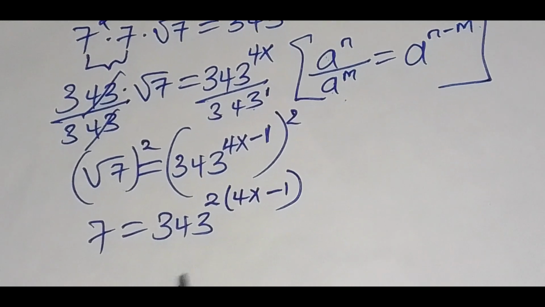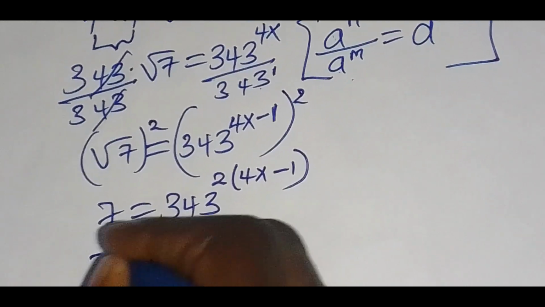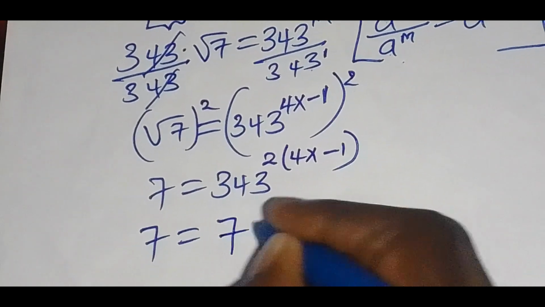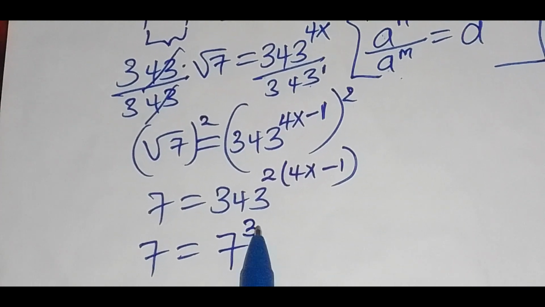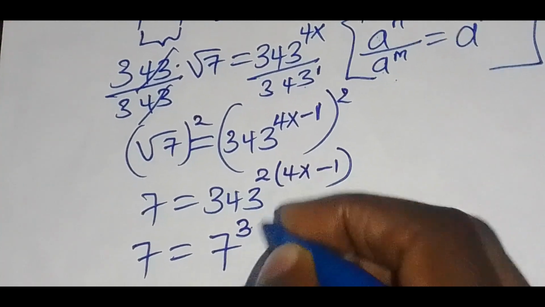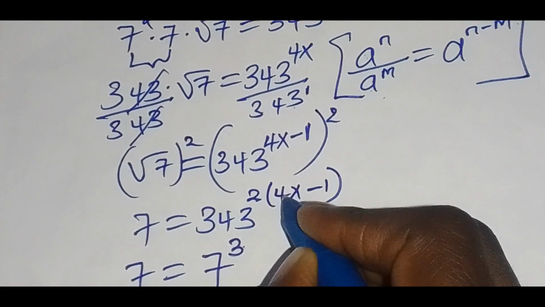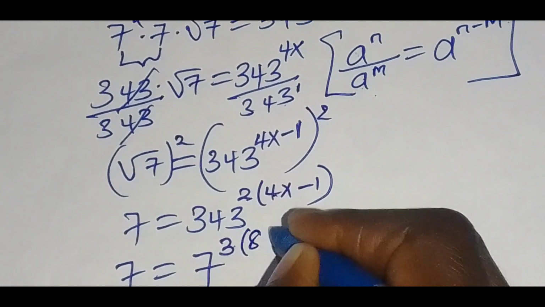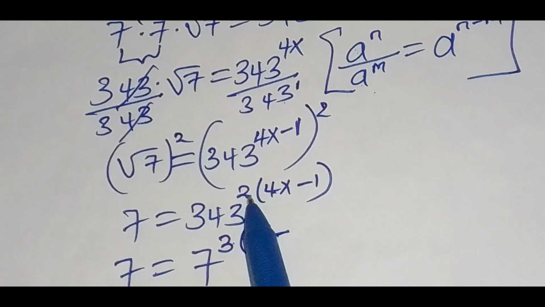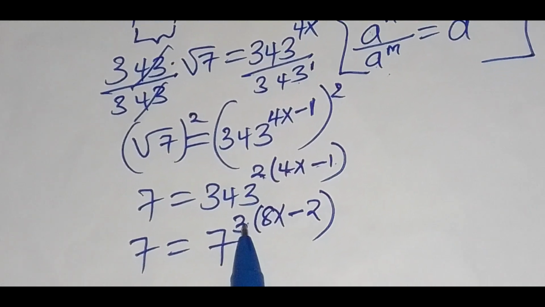Okay, now we can express this 343 as 7 cubed. If you say 7 cubed, it's going to give us 343. So 7 cubed multiplying by, remember, this is 2 times 4, which is 8x, minus 2 times 1, this is minus 2. Okay, so we have 3.